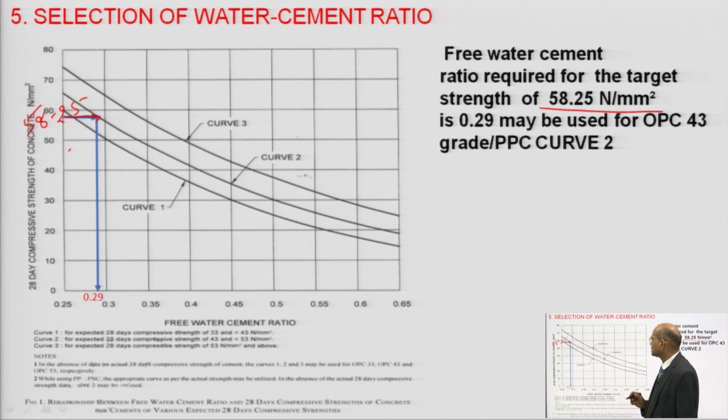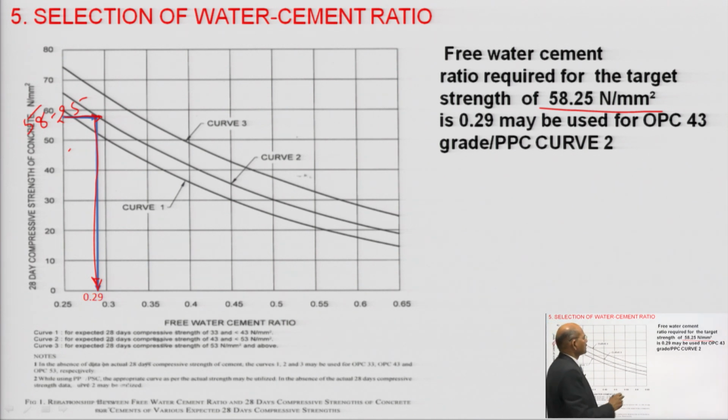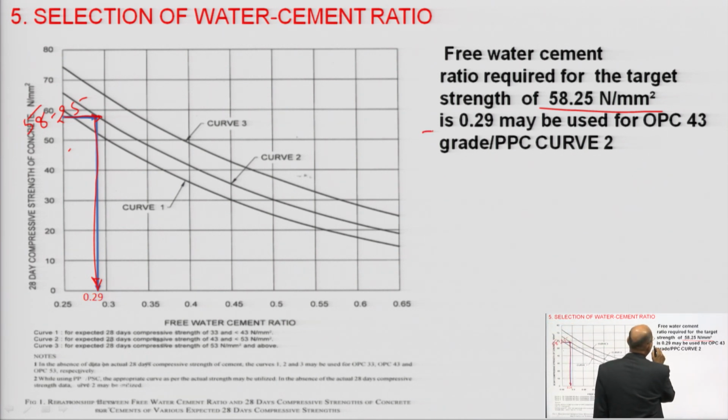If the cement is slag cement, you can also take graph number 2, curve number 2. So, from 58.25 you come here, you will get 0.29. So, the water cement ratio required from a strength point of view is 0.29.